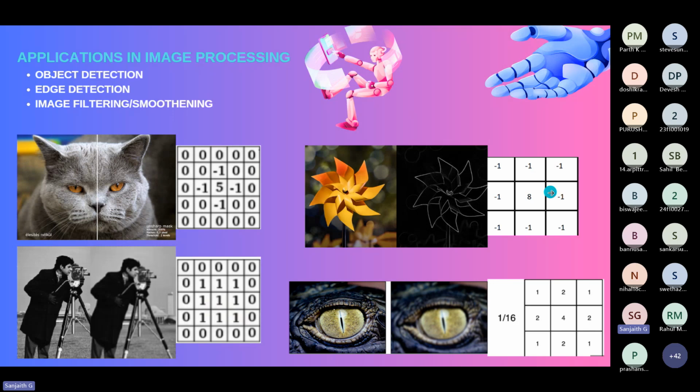If it is all 255, for simplicity, you get a fully black region, because multiplying minus 8 with n eight times and multiplying 8 with the center intensity n, everything cancels out, so you get a zero intensity image. That is what happens in edge detection.